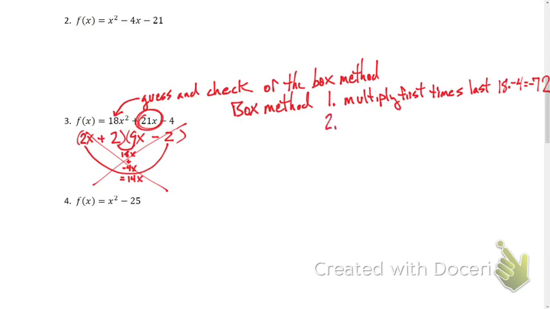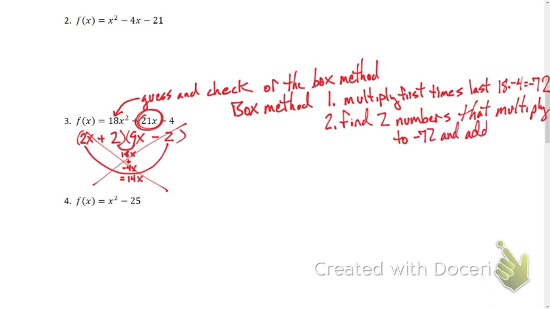Second step, find two numbers that multiply to -72 and add to 21. Some people like to make a little table, like I showed you earlier.